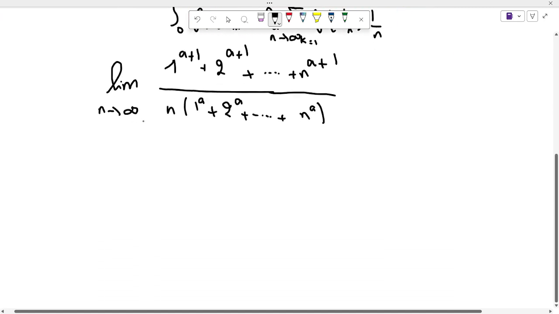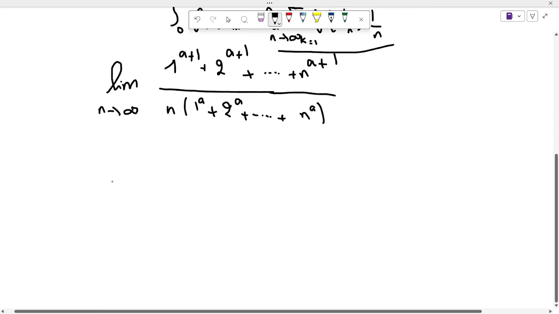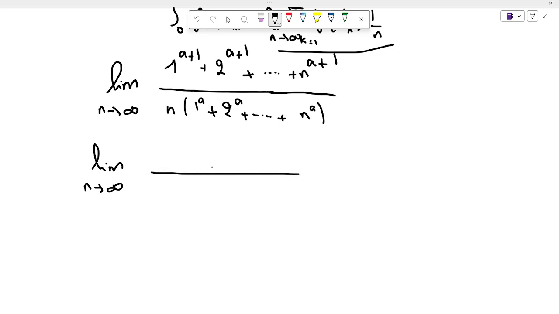So now what we're going to do is try to write the numerator and denominator like this. So this is equivalent to the limit as n goes to infinity. The key idea is to multiply the numerator and denominator by 1 over n to the power a plus 2.